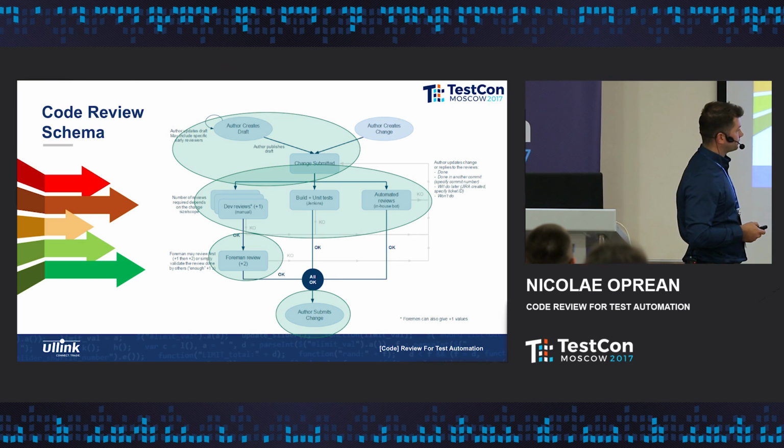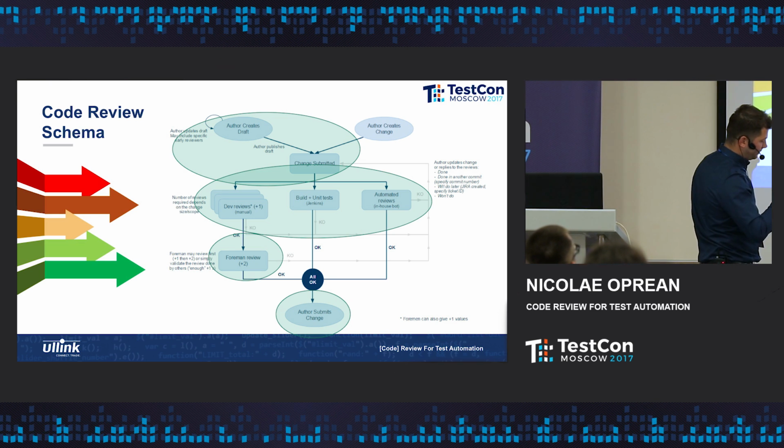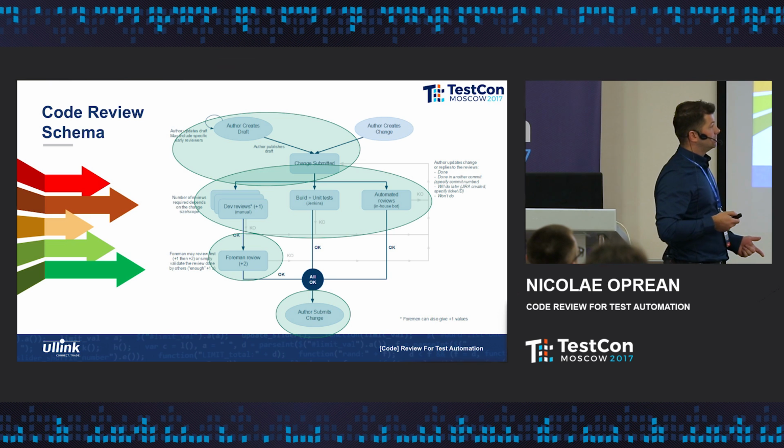We have the review bot, which is built in-house, that checks the grammar and syntactical problems. It checks the trailing white spaces. Then we have the builder that runs on Jenkins and checks that we didn't break the code base. And we have the reviewers, the programmers that are starting to do code review.